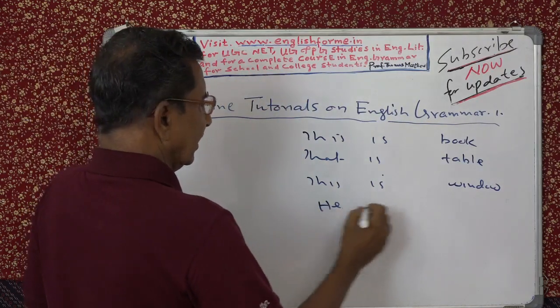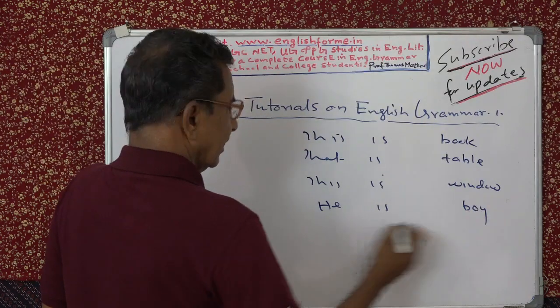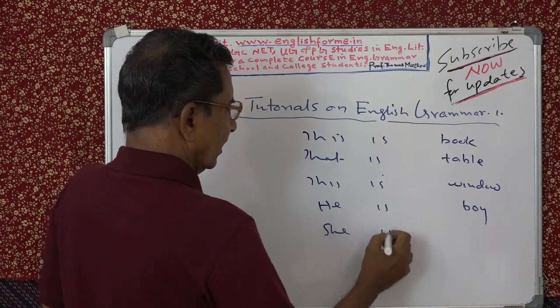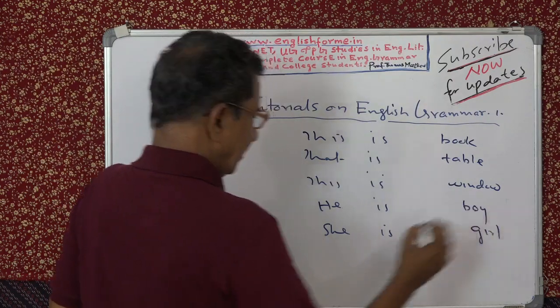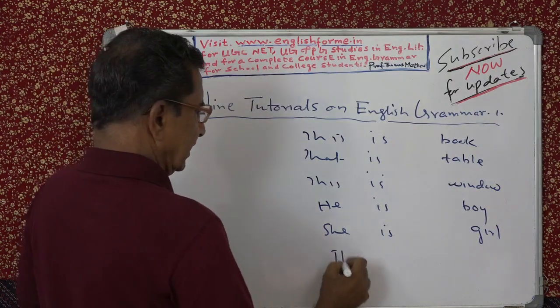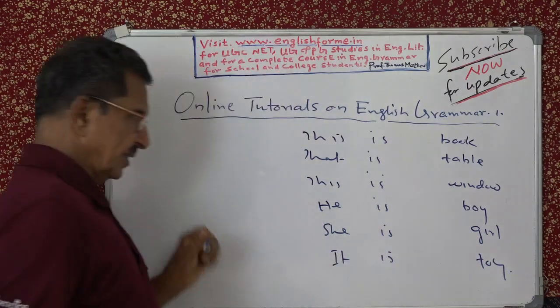He is boy. She is girl. It is toy. Simple sentences.